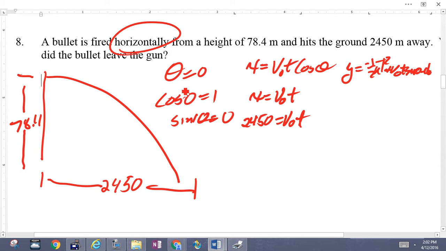We already agreed that theta is 0, sine of theta is 0, so this collapses to y equals negative 1/2 at squared plus h sub 0. So when this thing hits the ground, the height is 0, and that's negative 1/2 at squared, so we'll put in what we have.